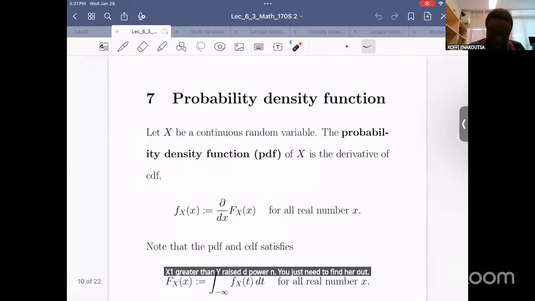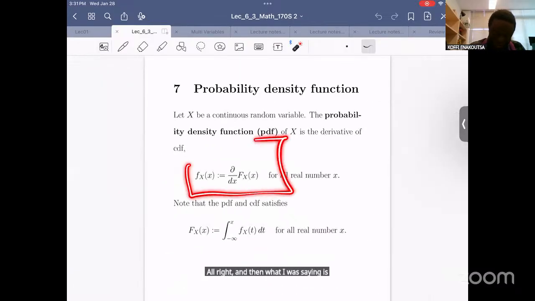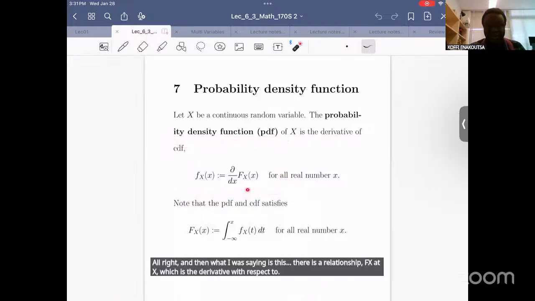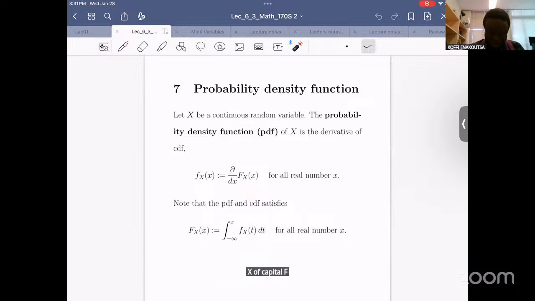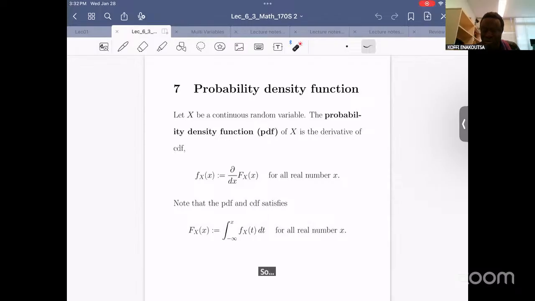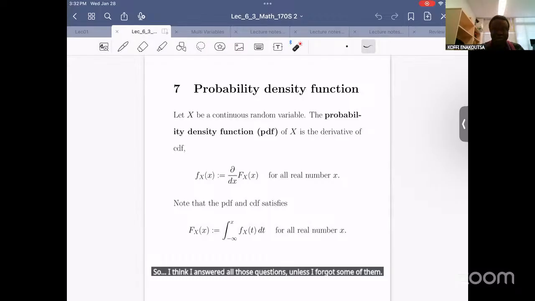And then what I was saying is this: there is a relationship, f(x), which is the derivative with respect to x of capital F. So if you want to take f of x, then you come to the integral, the improper integral. Now you should be able to find out. Those are just applications of formula. So I think I answered all those questions, unless I forgot some of them. If I forgot, just bring them up, then we can go over them one more time.